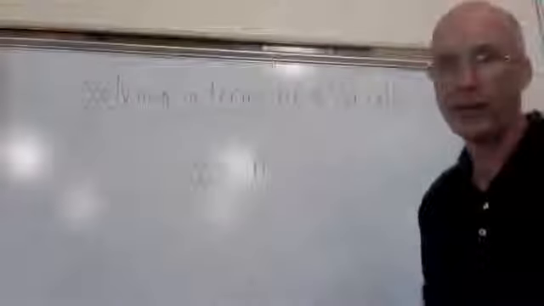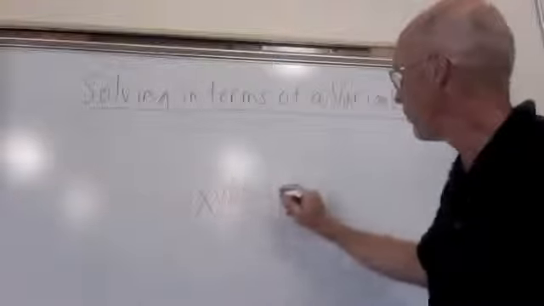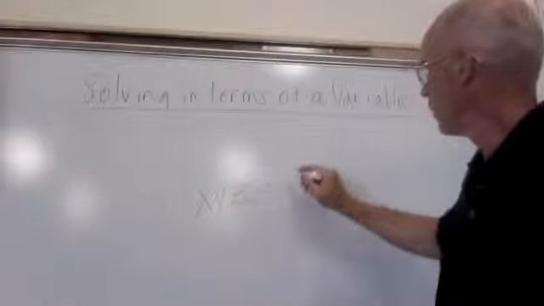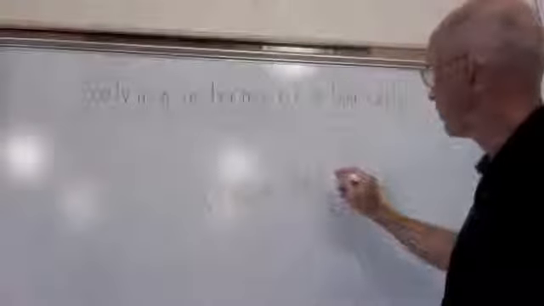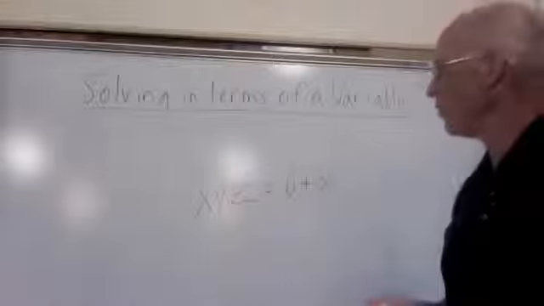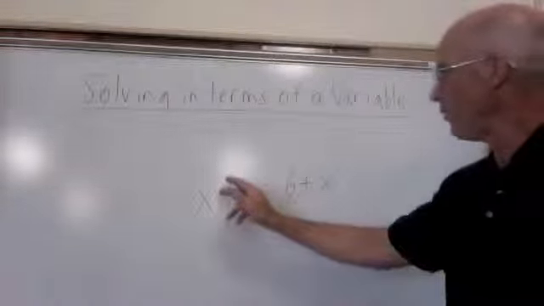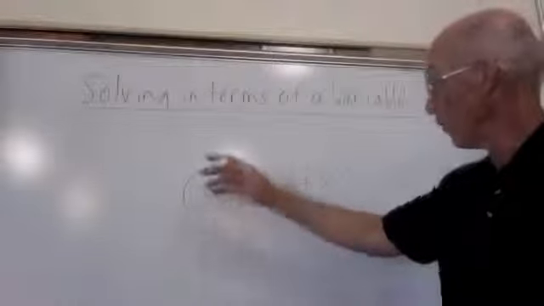m equals 2x. If they gave you anything more complicated, xyz equals 6 plus x, and they say solve in terms of z, for instance, well, it means you leave z where it is, and you move everybody else away from z.